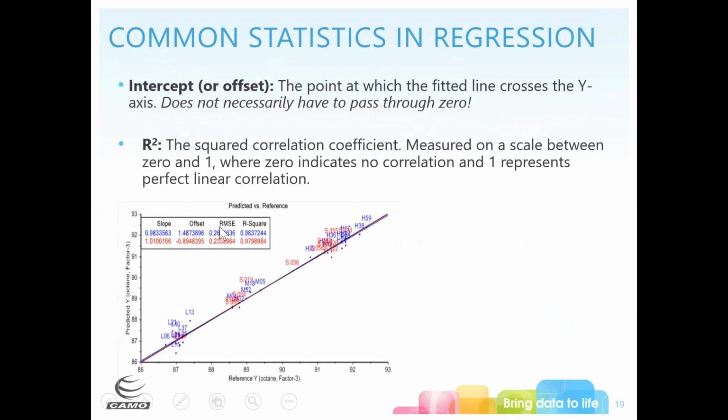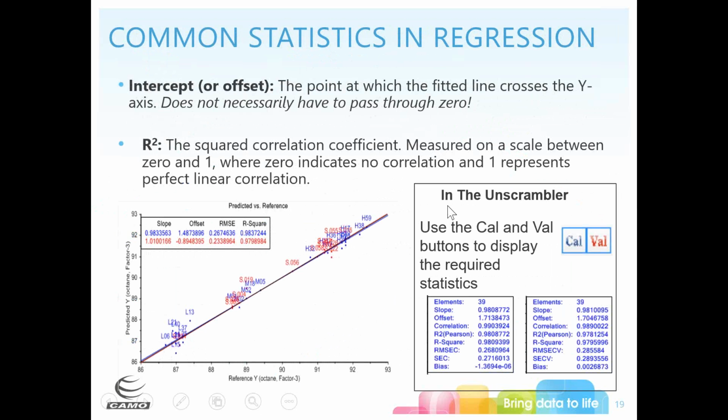Once you get that below the threshold that is acceptable for your application, then if you have two models that are otherwise equal, you might go and look at your r squared and see which one's better. One way the r squared is used is if we compare our r squared Pearson value versus our r squared. We want those to be as close together as possible.